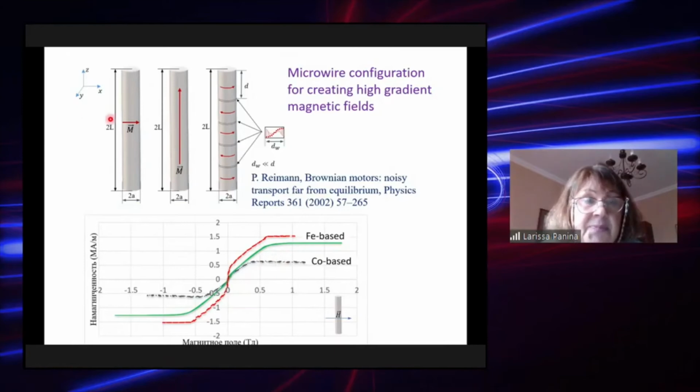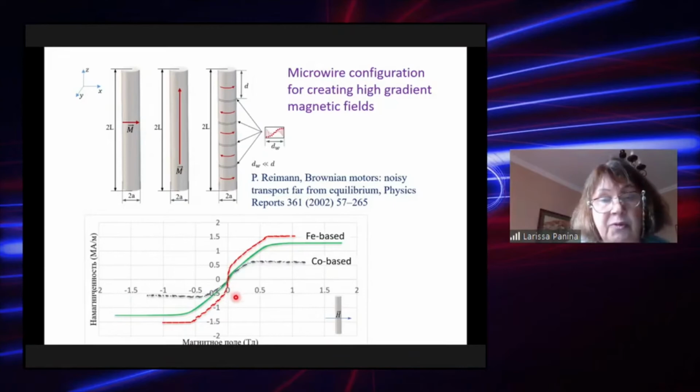In the wire magnetized along diameter, there is a question, what kind of field do we need for such magnetization? So we checked, and for iron-based wires, it reaches quite a large magnetization in a relatively small field of millitesla, 100 millitesla.